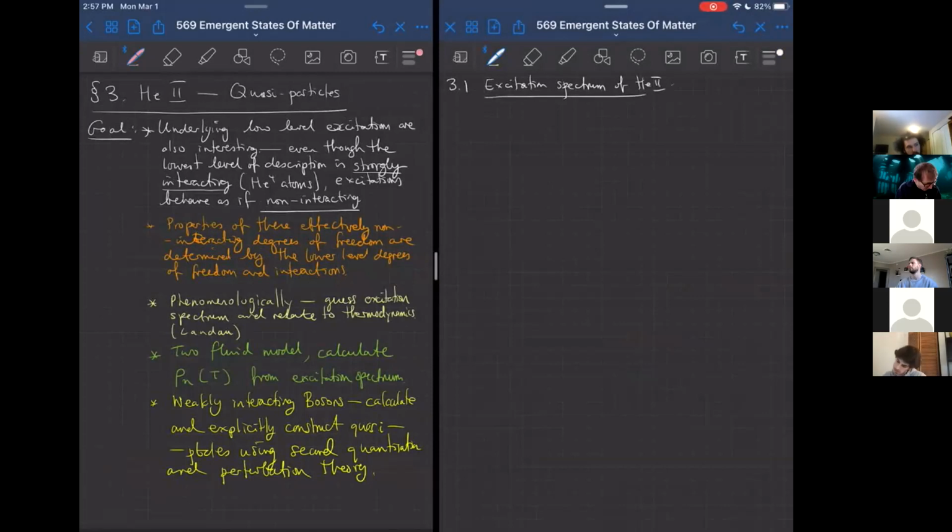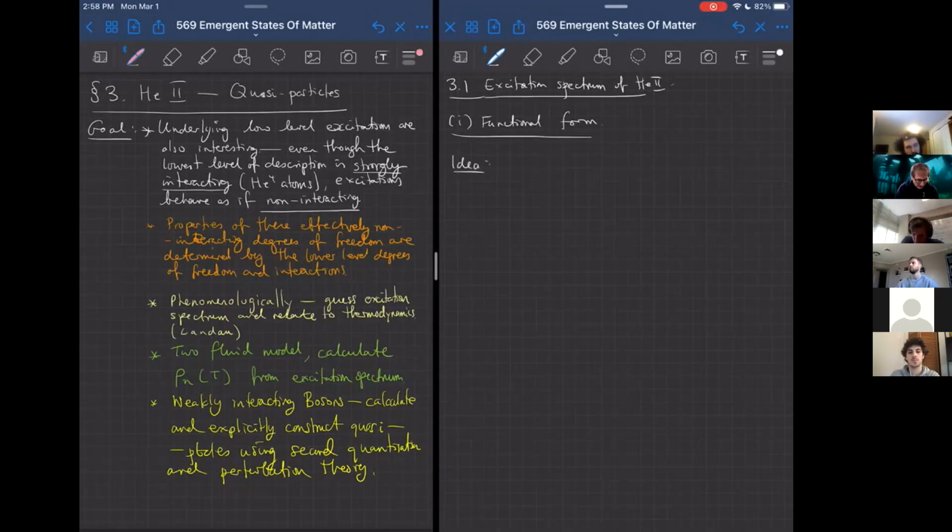So let's first of all start off by defining what we actually mean by quasi-particles. So what is its sort of functional form? What we're going to say is this: the basic idea is to say, I can think of the energy of the system as the energy of the ground state, and then I can create elementary excitations.